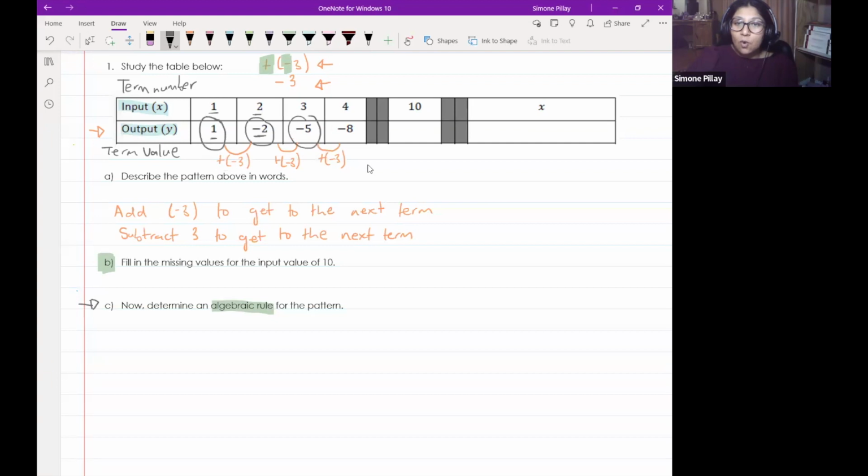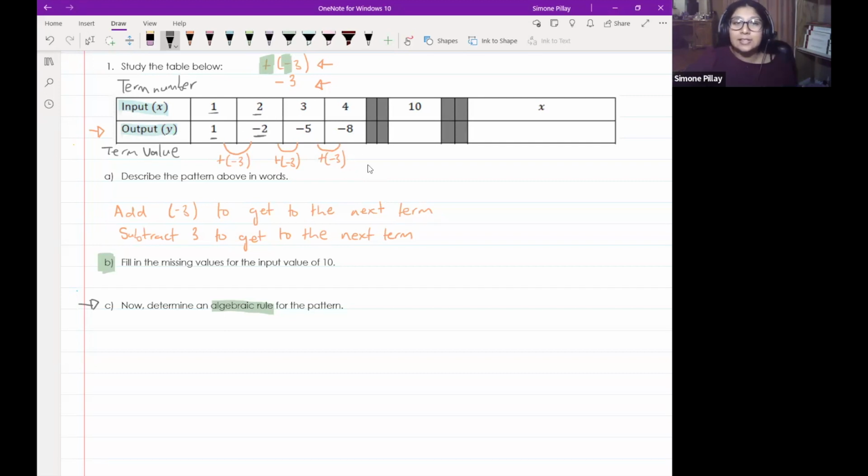How do I get from one term to the next term? But what if I told you, what's the value of the 1,000th term? Do I have to now go and write out this pattern 1,000 times to know what is the 1,000th term? Because I have to plus -3 every single time. So why we have this algebraic rule is it makes it easier for us to find these term values.